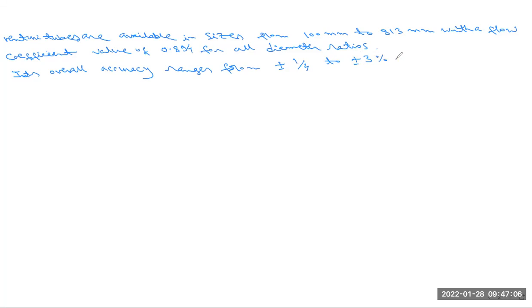So in that case, you can see the accuracy error is very small, plus or minus 1/4 to plus or minus 3%. That's why we use it more in our process control industries for the flow measurement method.